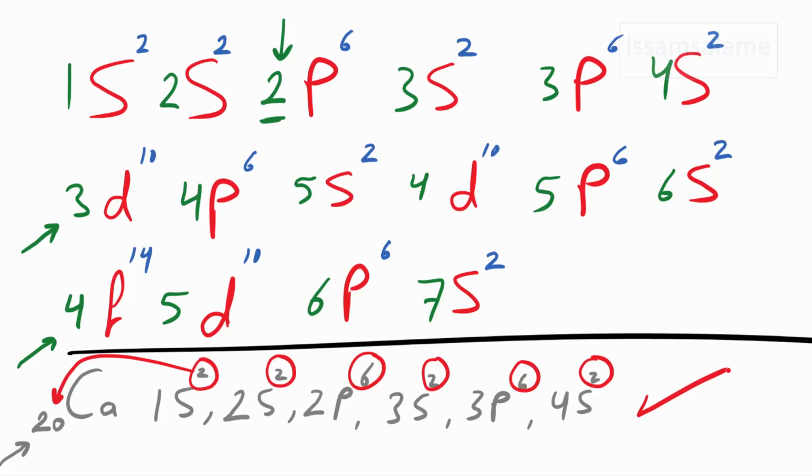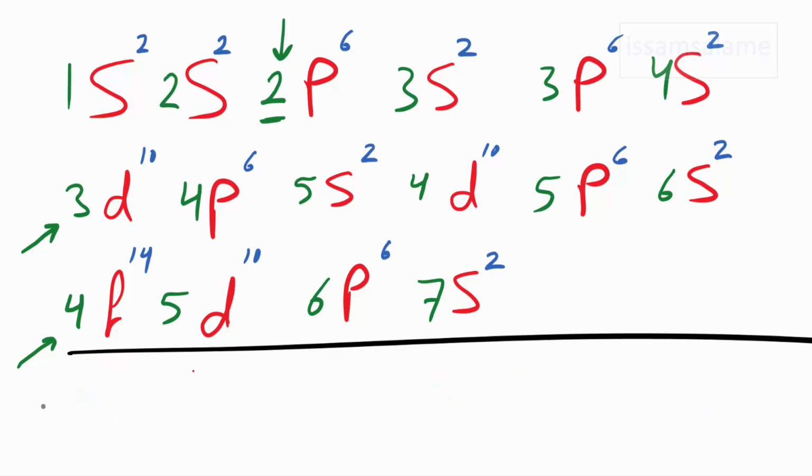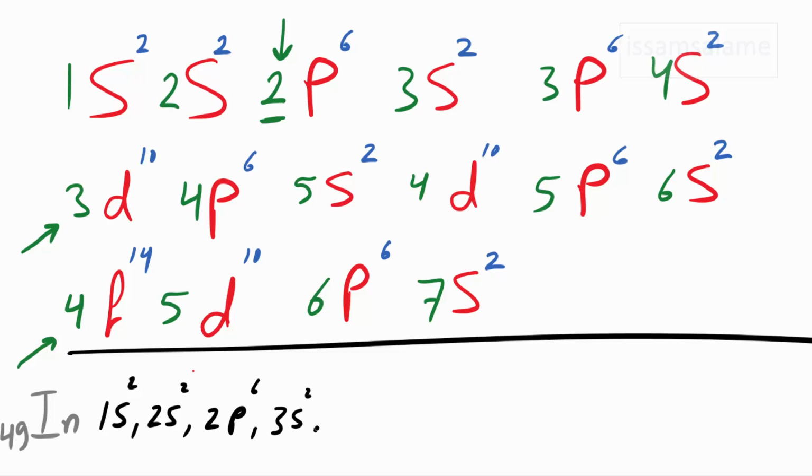Let's move to another example, indium with atomic number 49, which means that we have 49 electrons. I will take the order from the above sequence. I will do it faster. As you can see, I'm following the same order as the sequence above, which you have to memorize.